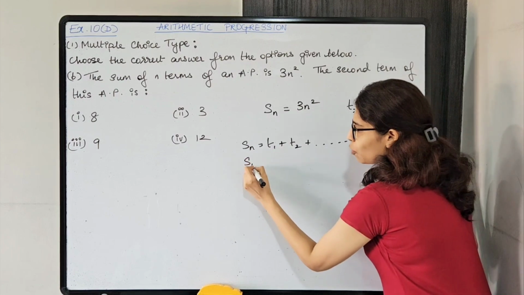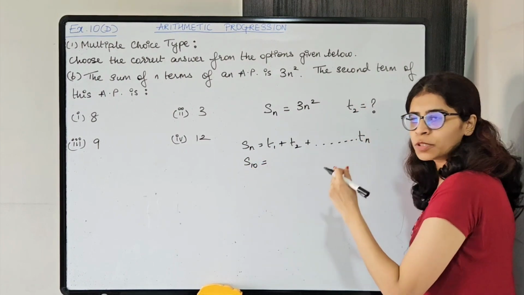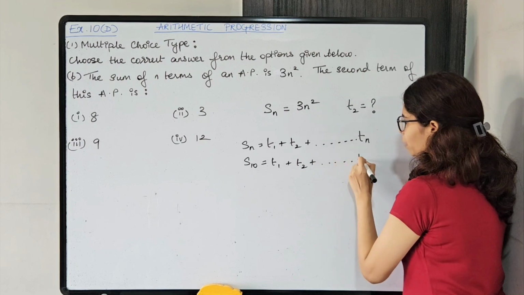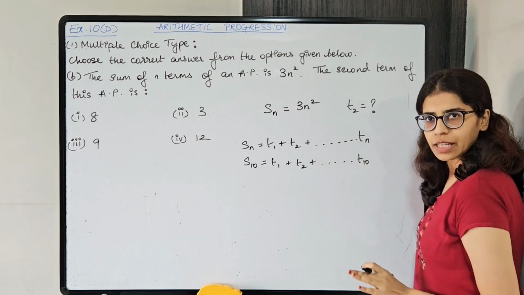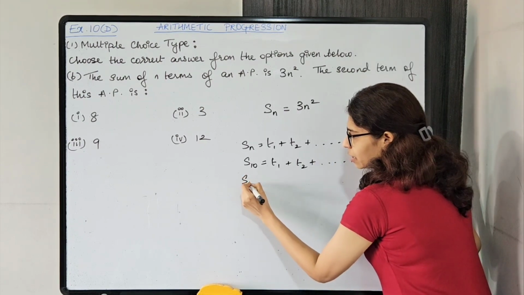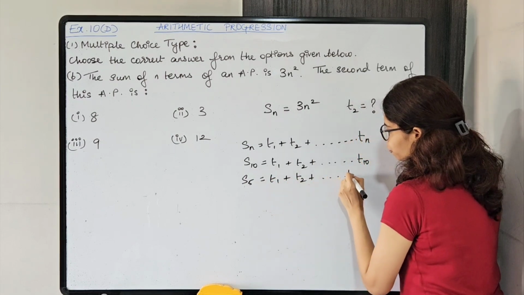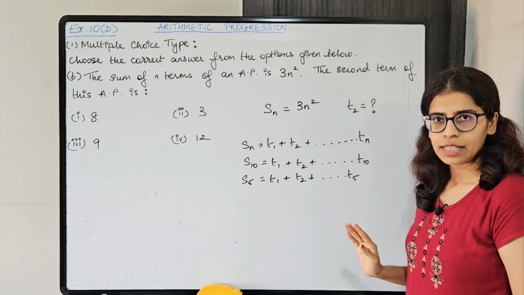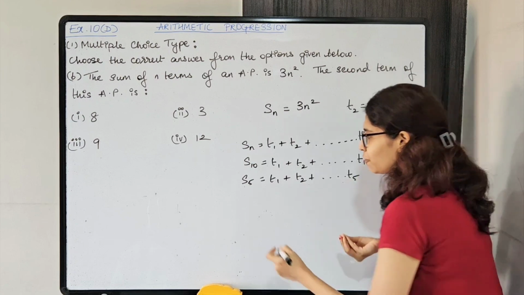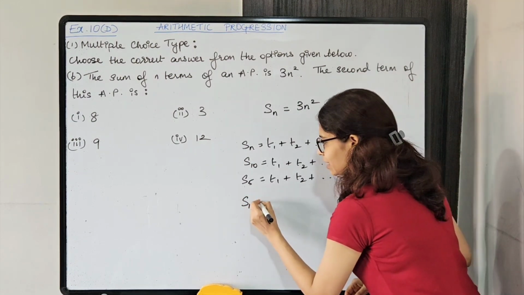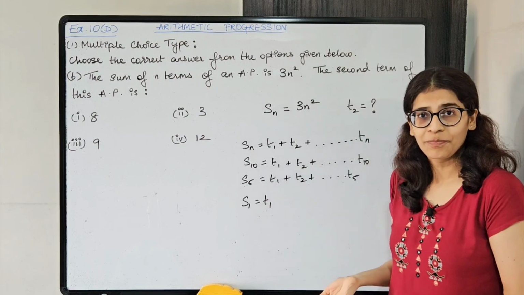So अगर sum of 10 terms है then you are starting from the beginning. T1 plus T2 plus up to 10th term. Correct. 5 terms है then T1 plus T2 up to 5th term. Right. Now what if you have to find out S1? It will be T1 only.